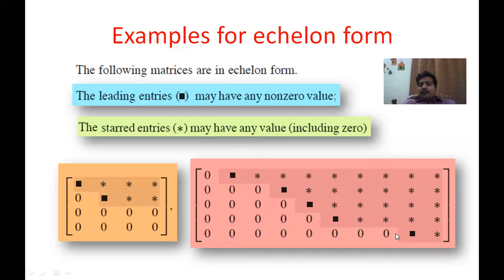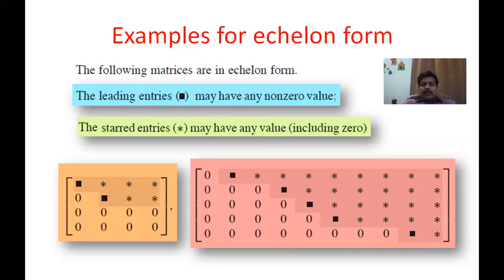It is to the right of the previous leading entry. So all three conditions are satisfied by these matrices. These two are the models for a matrix to be in echelon form. Here, these square boxes can be filled with any non-zero value.